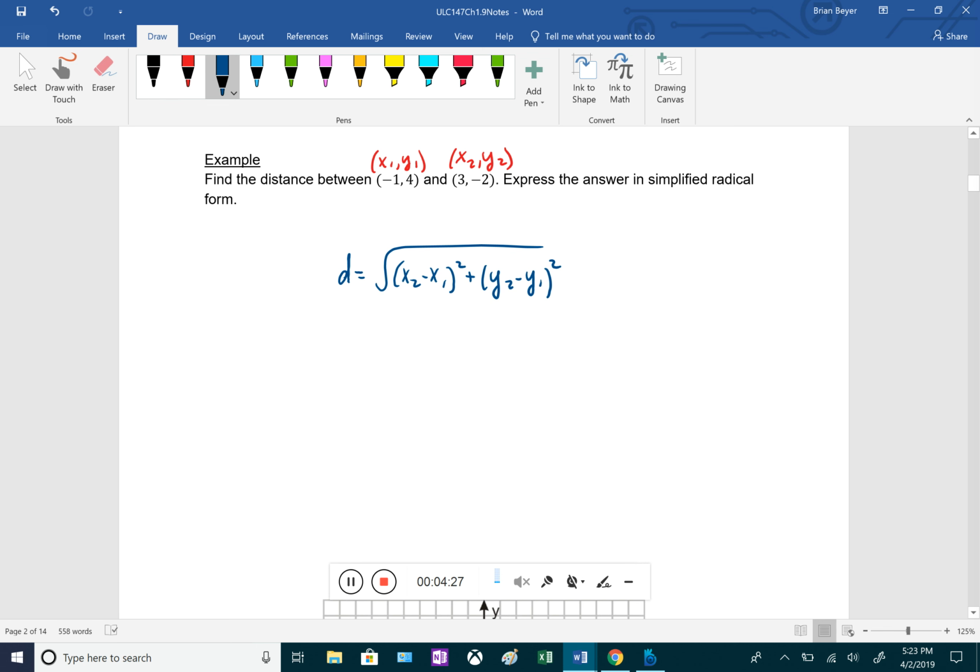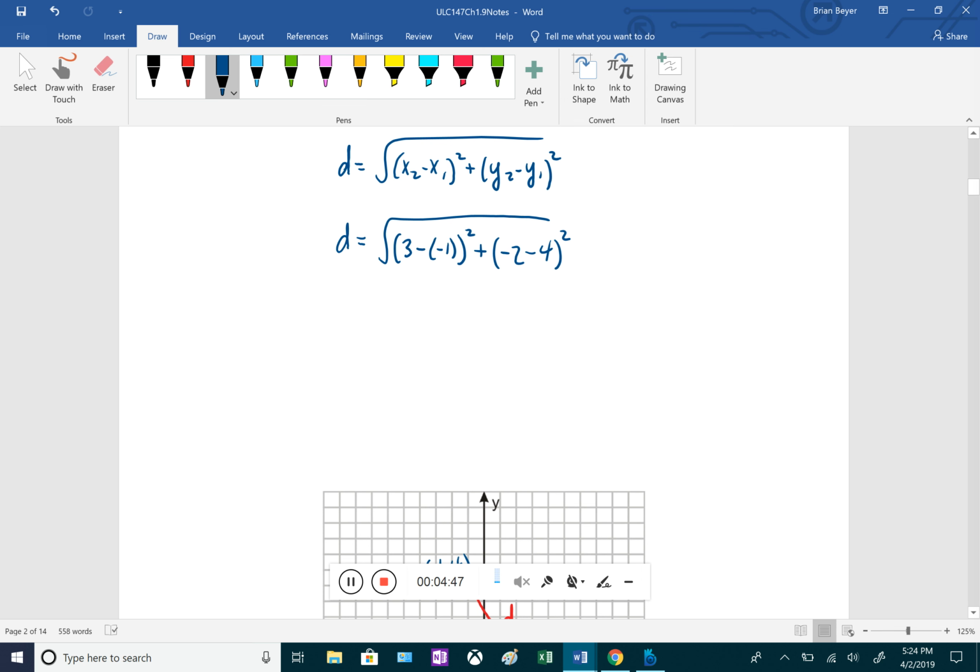So all we have to do is plug these in and simplify it. It's going to be x2 minus x1 squared, so that's going to be 3 minus -1 squared, plus y2 minus y1, so plus -2 minus 4 squared.